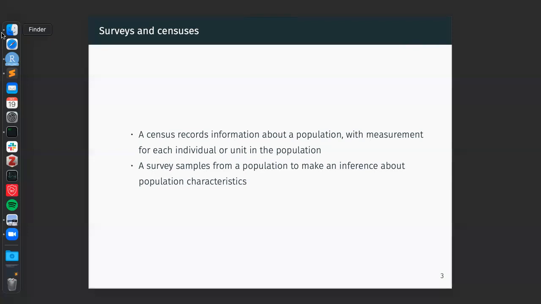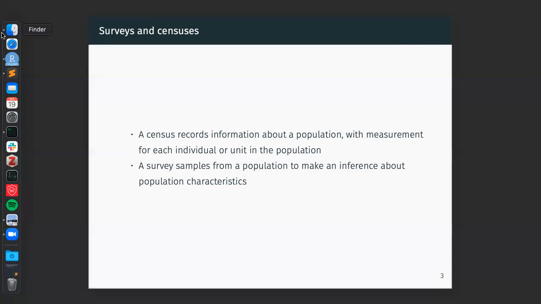Now, there are people who live in the United States who are not in households, right? So people who have housing insecurity, who are homeless are not necessarily included in that population. And so that's one thing to consider. But in theory, it's measuring the full population. Another kind of census we can think about is the National Prisoner Statistics.